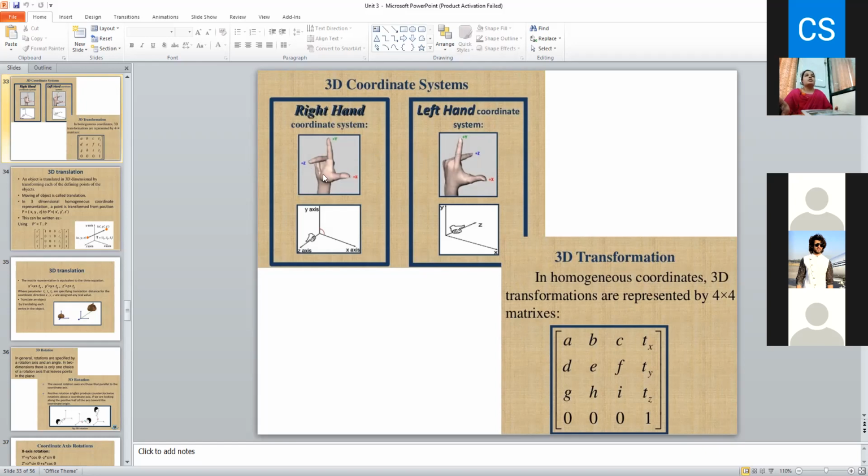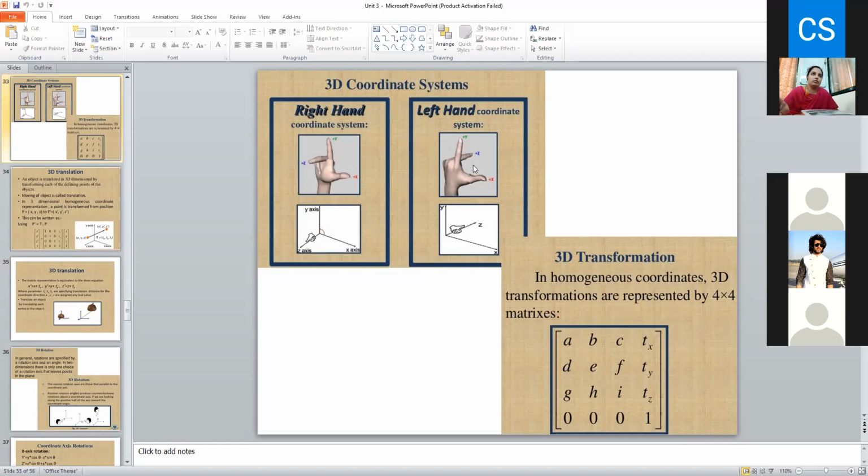So these 3 fingers are at 90 degrees to each other. The thumb represents the x-axis, the forefinger represents the y-axis, and the middle finger represents the z-axis. So this is for the right hand.